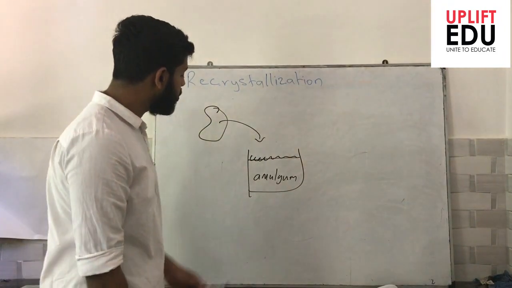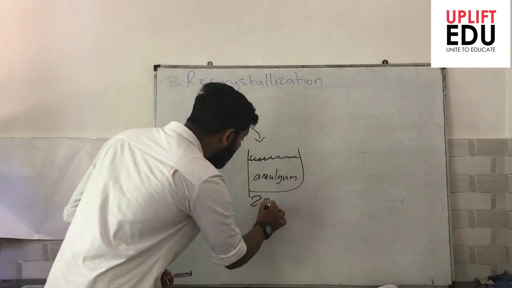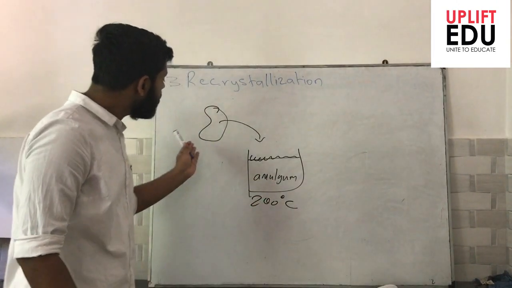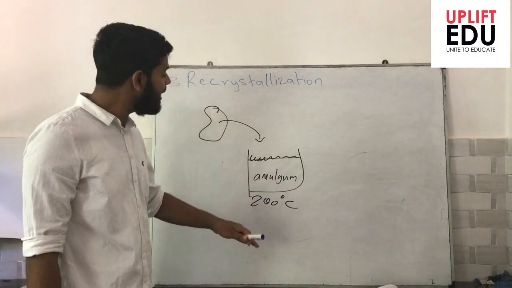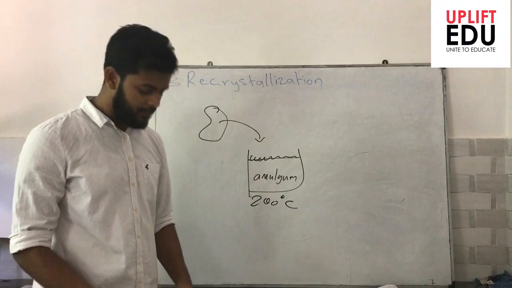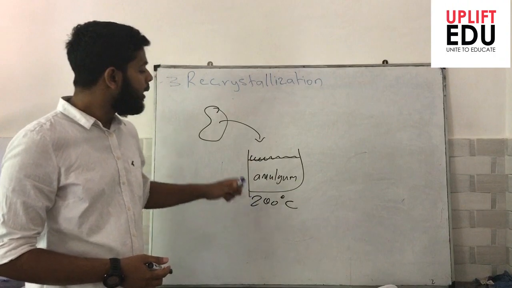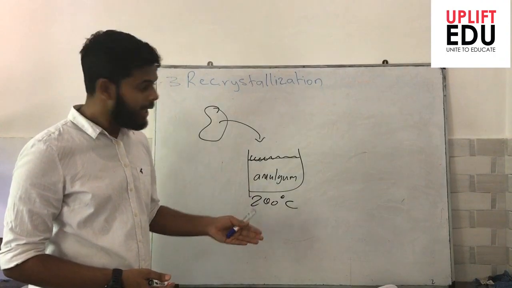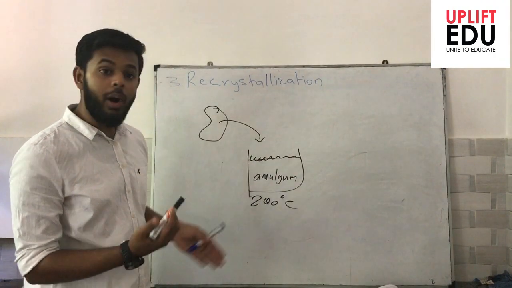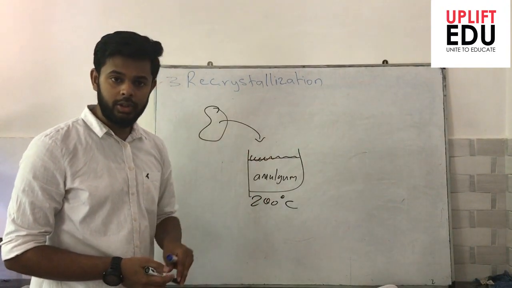Okay, for this purpose we use a very hot solvent, maybe at a temperature of 200 degrees Celsius, and we keep adding gold until this solution is saturated with gold, right? Once this solution is saturated with gold, we know we have a saturated solution of gold, and the impurities that already existed in the gold ore will start floating on top, right?